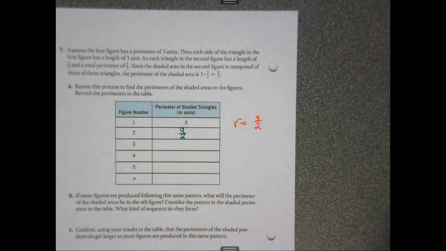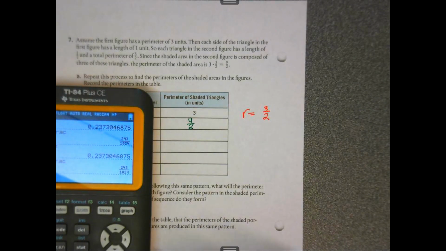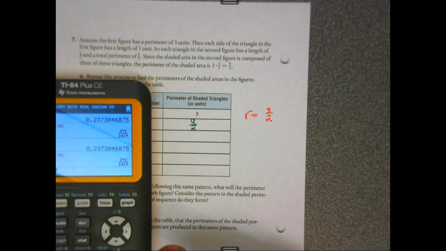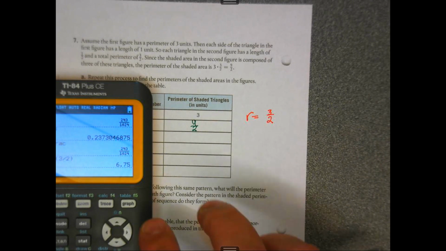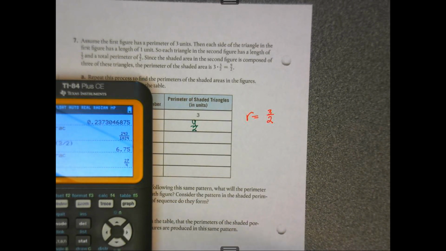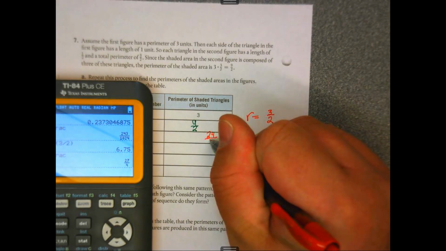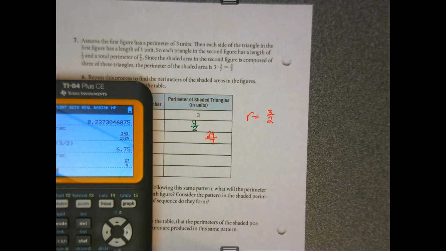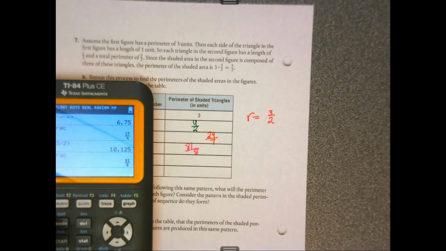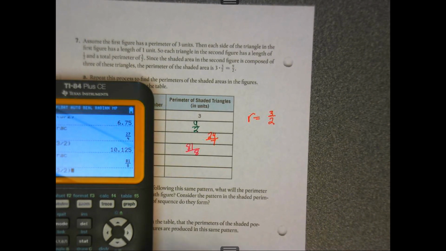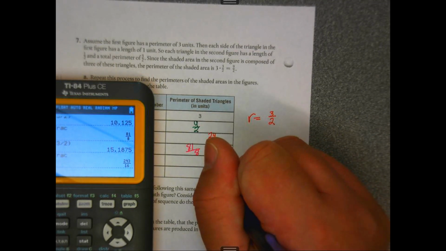If I keep multiplying this out, let's see, 9/2 times 3/2 equals, math, enter, 27/4, times 3/2, math, enter, 81/8, times 3/2, math, enter, 243/16.